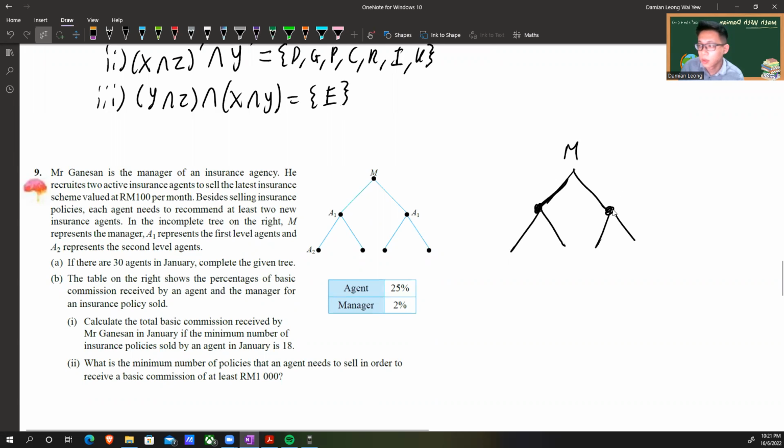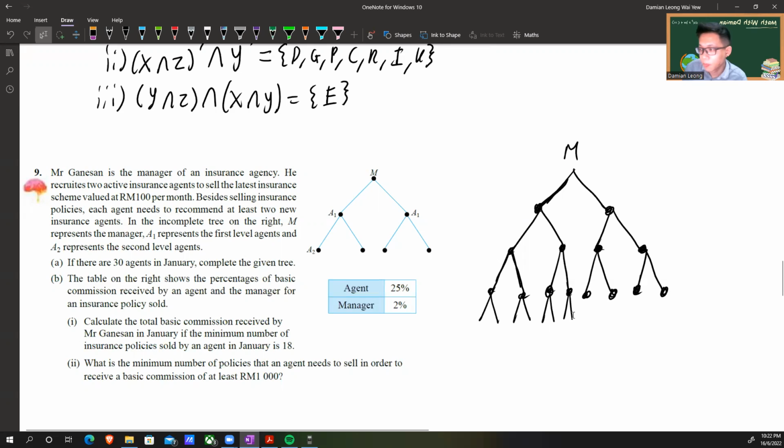Branch down again, we will have another 4, a total of 6. If each of them branches out again, it will add another 8. 6 plus another 8 is 14. Branch out again, another 16, which adds up to 30.